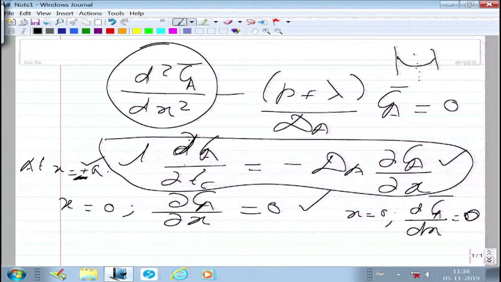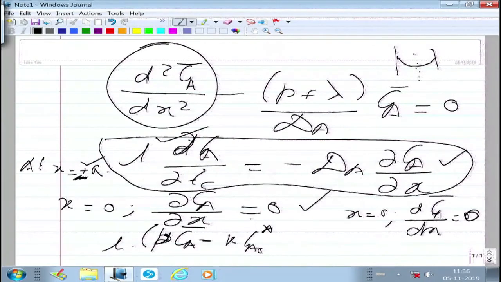So, Laplace of the left hand side here will be L times pCA bar minus CA at x equal to 0 at time t is equal to 0, and that is K CA0 star, where K is Henry's law constant. CA0 star is the initial gas phase concentration. CA is K times CA star.